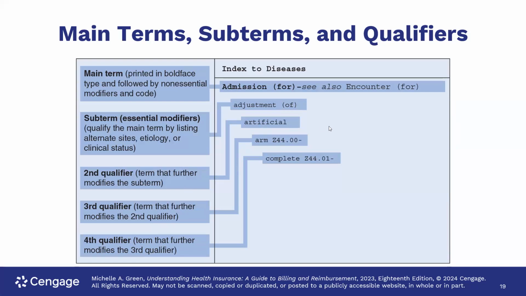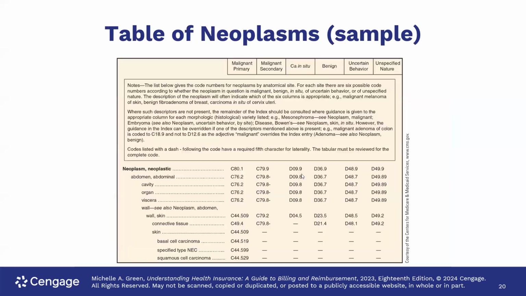Second qualifier, another indent. Third qualifier, and then the fourth qualifier. Pretty straightforward. For the neoplasm table, we go to the neoplasm by site, and then we have to know whether the cancer is malignant primary, malignant secondary, carcinoma in situ, benign, uncertain, or unspecified behavior.